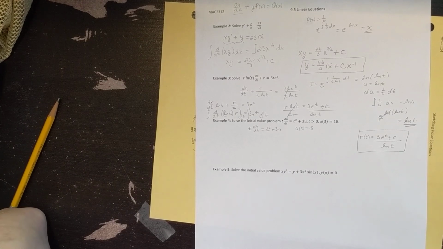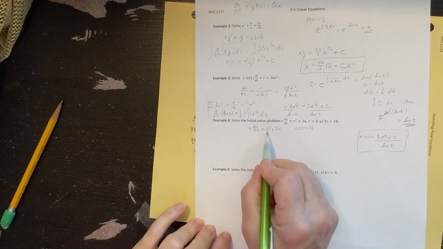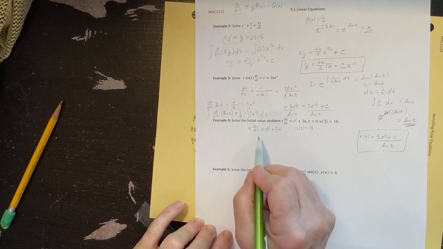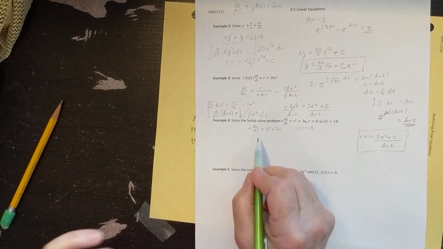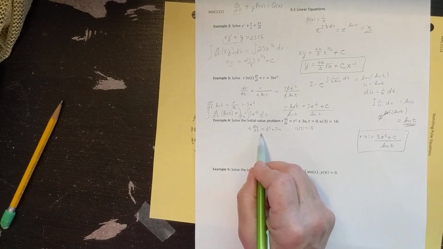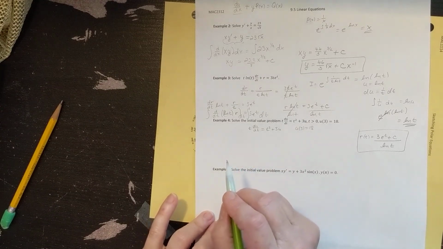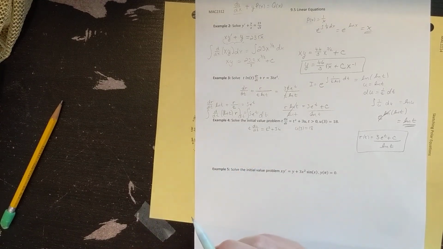To get it in the form, we need u as the dependent variable, t as the independent variable, and we need the derivative du/dt by itself. We also need a u by itself over here. So we'll see what we can do with that. We have to do a little bit of algebra. So let's see here.